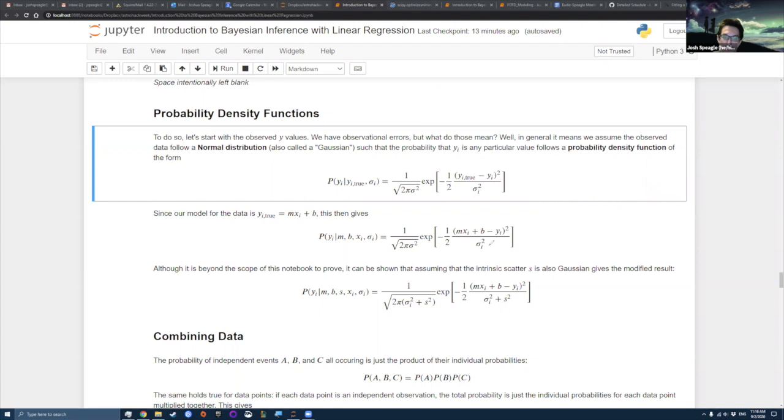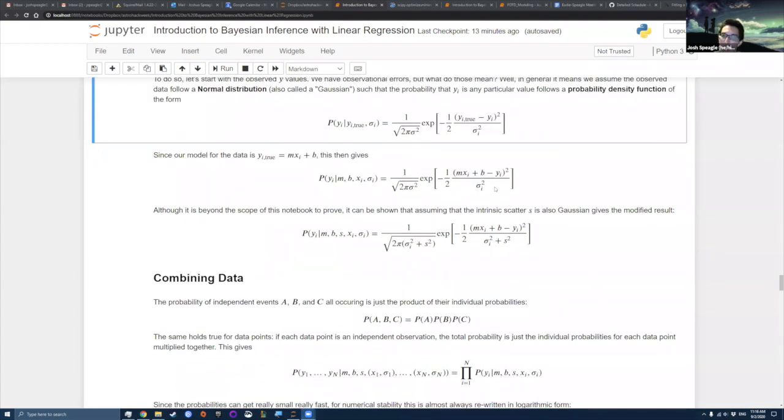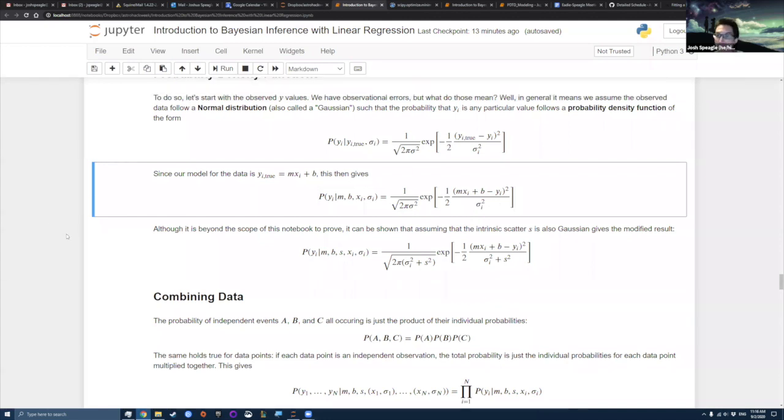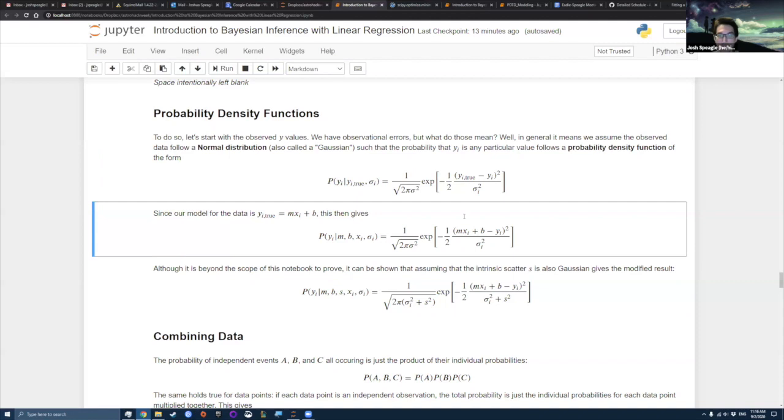So this does a couple things for us. First, you'll notice that when we now write down our model, this term looks a lot like the chi-square term that we defined earlier. So it sort of naturally appears inside this exponent. And this connection between the Gaussian distribution or normal distribution and chi-square is fundamental to why that particular loss function works so well: we're making this assumption about Gaussian errors.